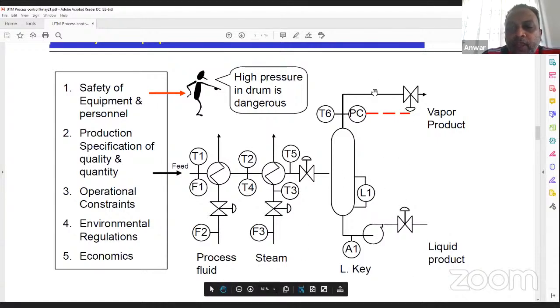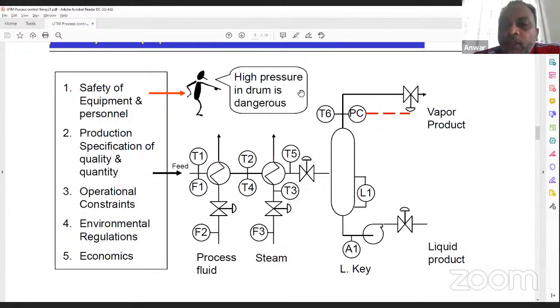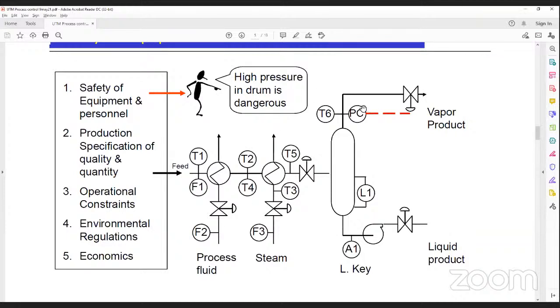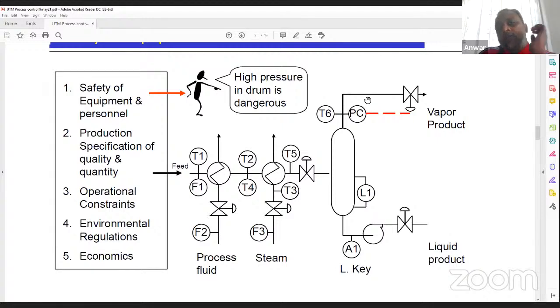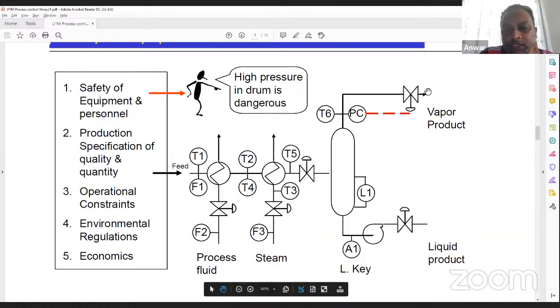What would happen if there is high pressure in this system? The drum may explode if there is no proper process design in place, or we tend to depend on humans to monitor. That is where process control and instrumentation will help in monitoring the system to ensure that no high pressure occurs in the drum.